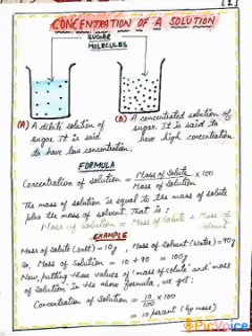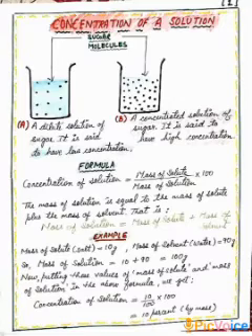In the above given example, mass of solute, that is salt, is equal to 10 gram and mass of solvent, water, is equal to 90 gram. So, mass of solution is 10 plus 90, equal to 100 gram.